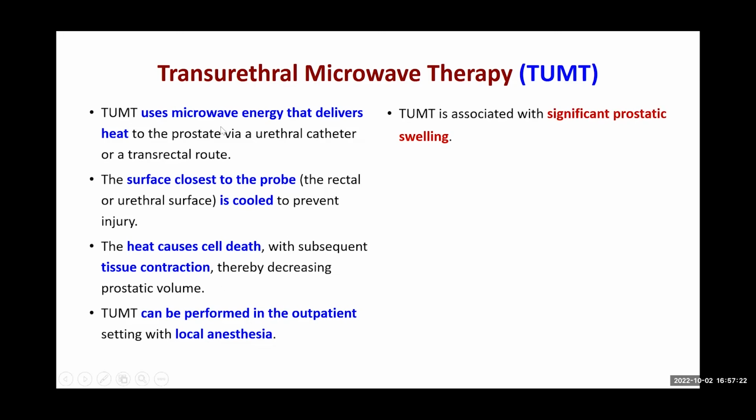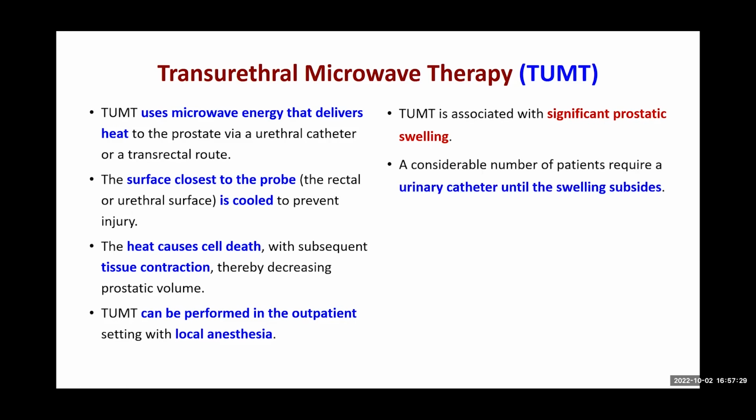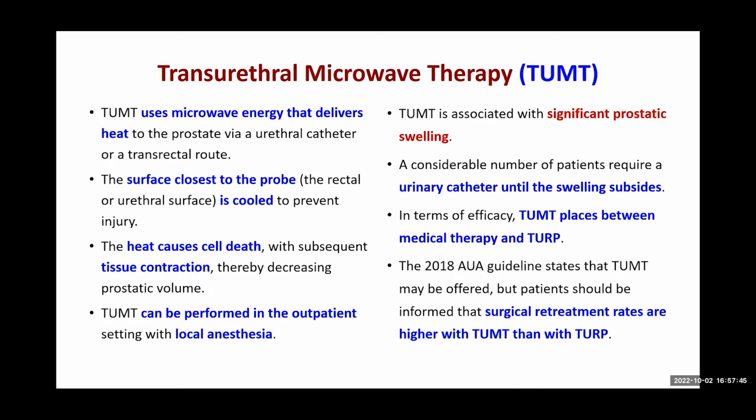So TUMT, transurethral microwave therapy, is associated with significant prostatic swelling, and it requires placement of urinary catheter until the swelling subsides, okay? So it has a place somewhere between medical therapy and transurethral resection, which is the criterion standard so far.